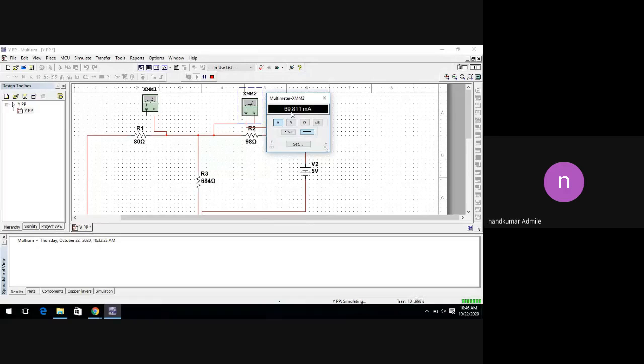Now we know the formulas of the four parameters. So can anyone tell what is the formula for y11? What is the formula for y11 in a two port network?